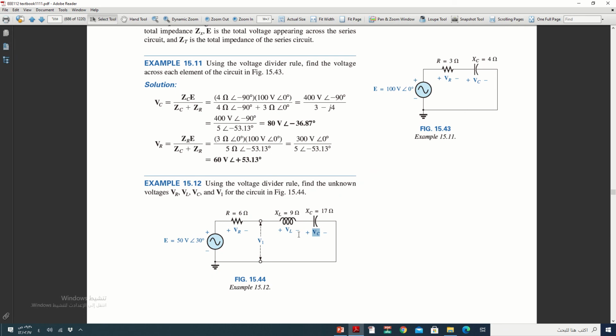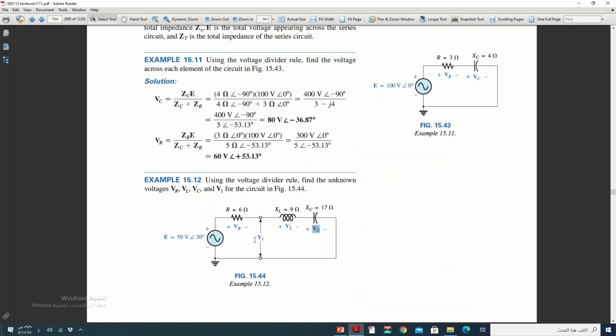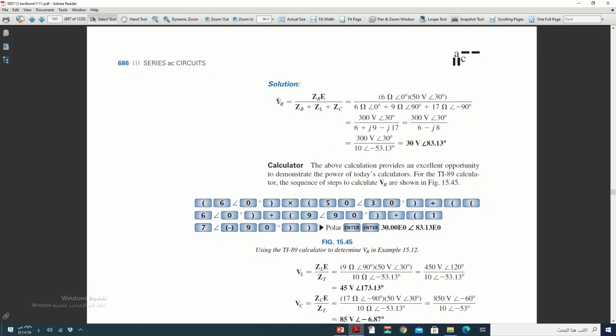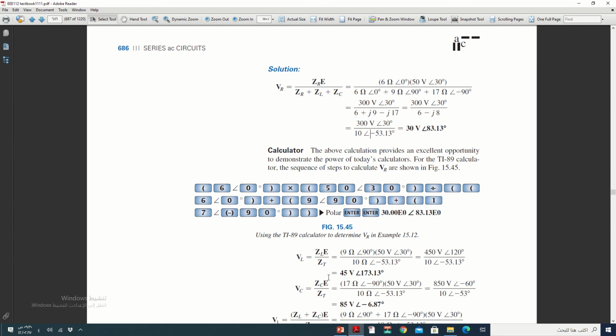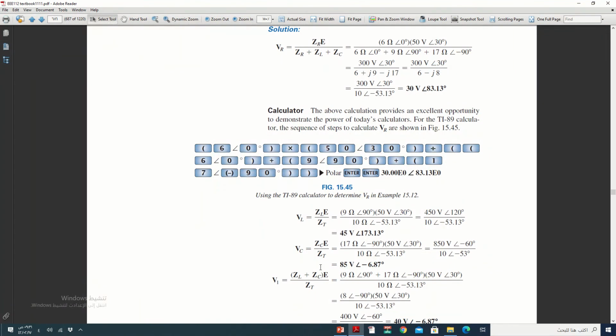Apply the voltage divider rule. VR, this means multiply by ZR, you will find this answer. VL multiply by ZL, VC multiply by ZC. Now he applies here V1.